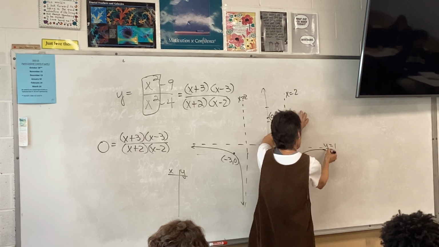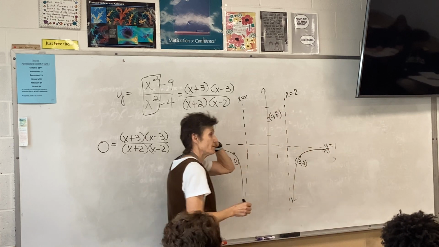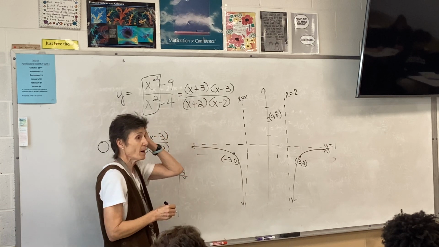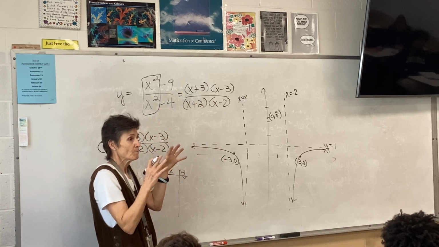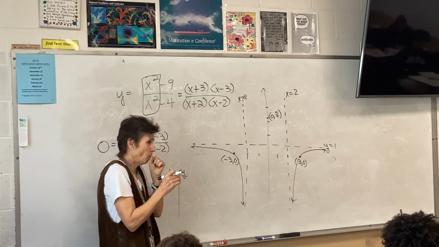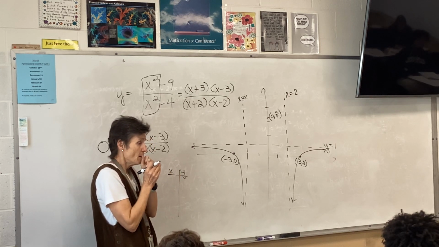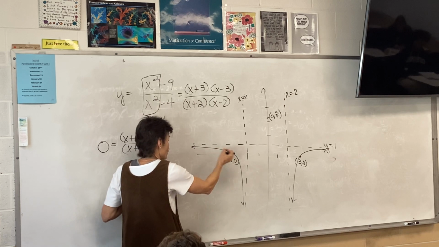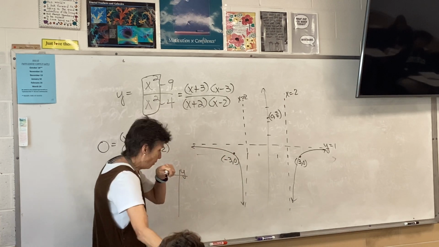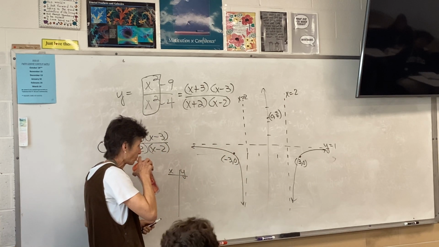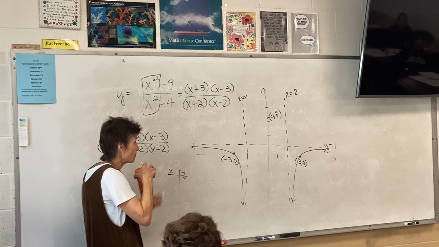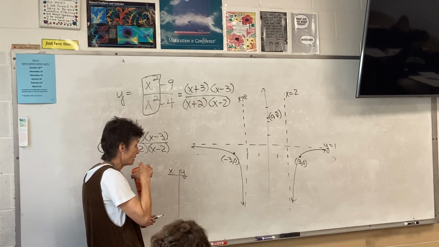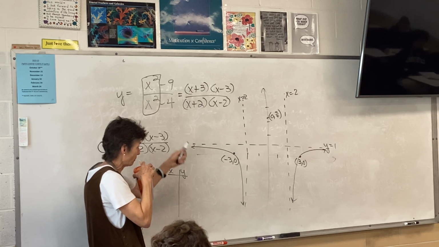Yeah. Keep in mind as you're trying to visualize this that the asymptotes frame the picture. So the curve is going to approach its asymptotes. Perfect. All right? What about the middle part?